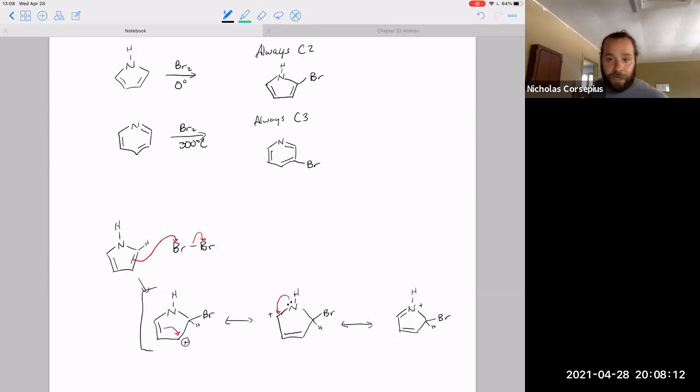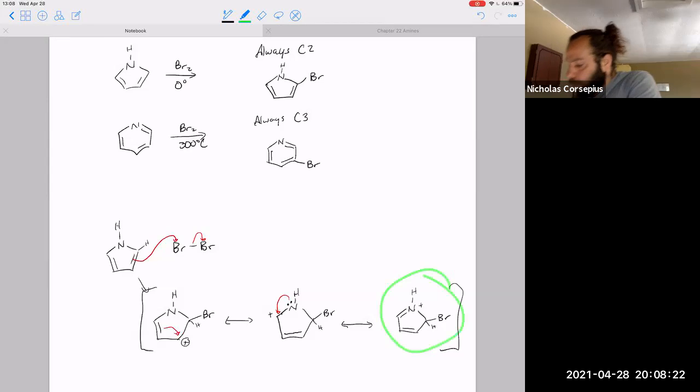The next step is that the hydrogen gets kicked off. But this resonance contributor right here is why the C2 position is preferred. What is so special about that resonance contributor?